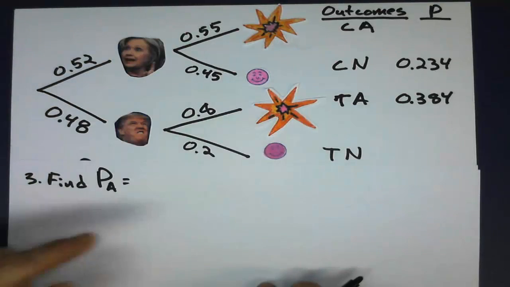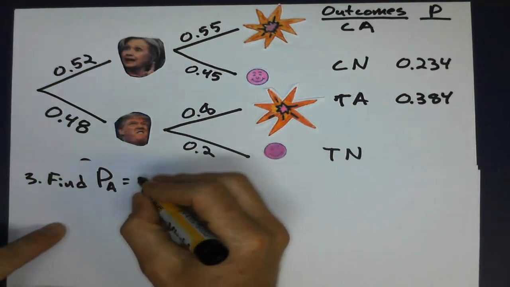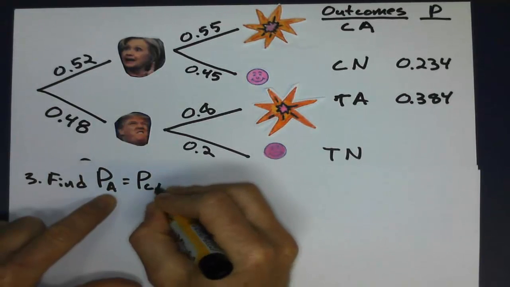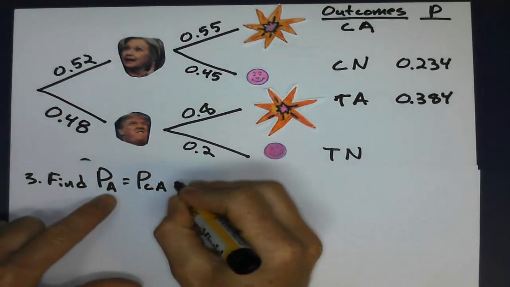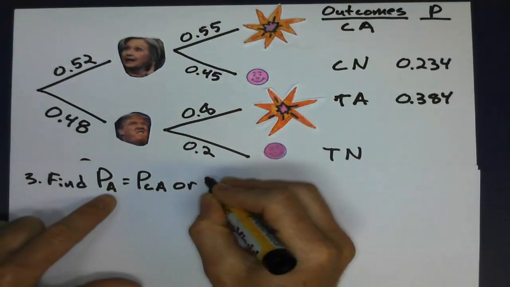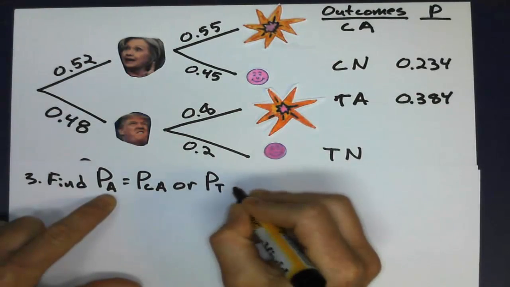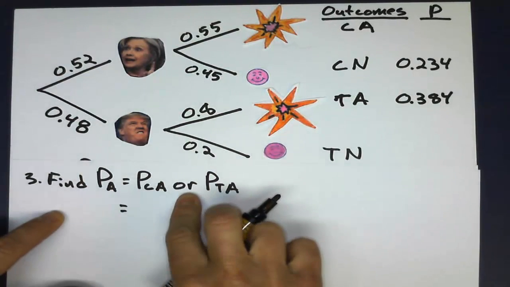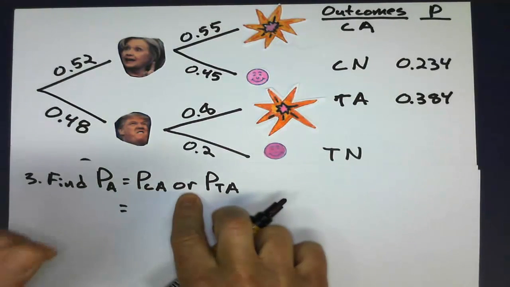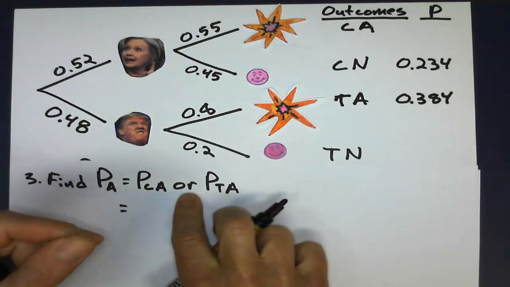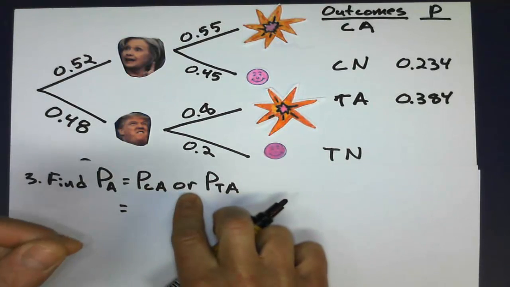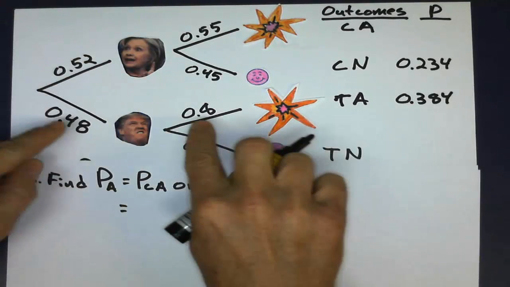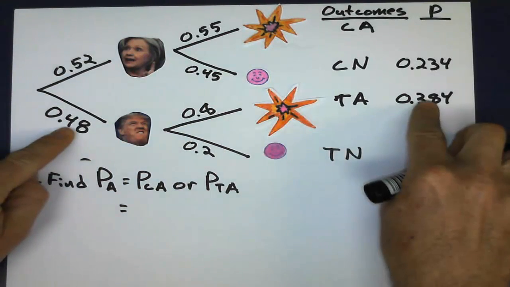Now that "or" part is pretty important. The probability of there being that is going to be the probability of Clinton and apocalypse, or, very important word here, the probability of Trump and apocalypse. Those "or" probabilities increase the likelihood of it happening, and when you increase the likelihood, you're going to add them, not multiply them. Multiplying probabilities makes the number smaller.